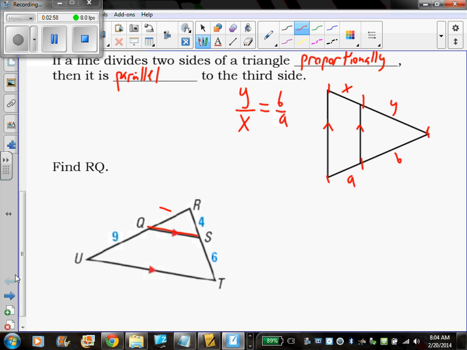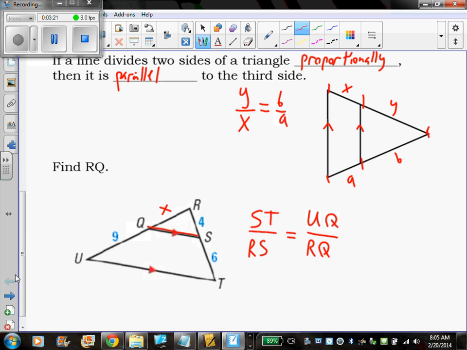So, if we want to find x up there, we're going to just have to set up a proportion. One proportion that we could set up is ST over RS equals UQ over RQ.